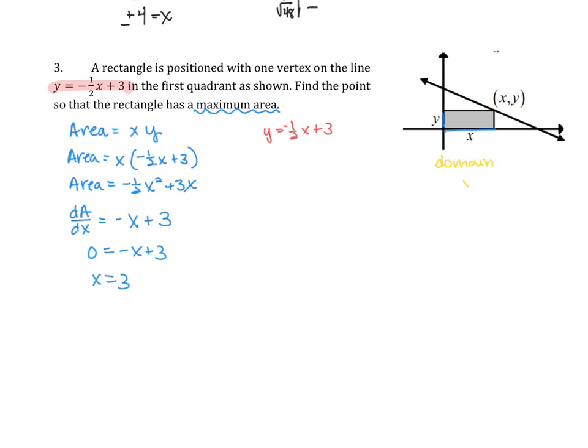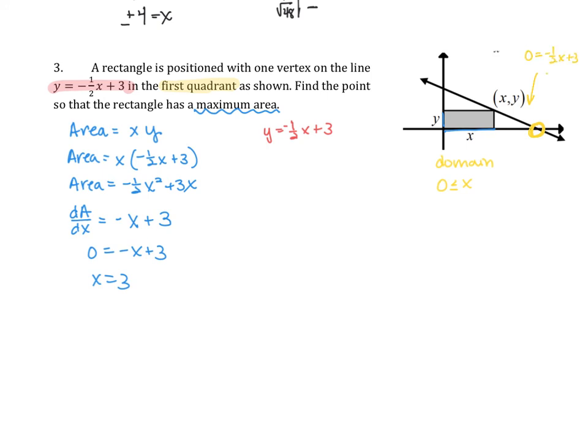Well, we know that x needs to be greater than or equal to 0 because it said it's in the first quadrant, okay? But the x value right here, how would I figure out what that is? Well, if we know this is the line -1/2 x plus 3, and I'm trying to figure out where y equals 0, I would say 0 equals -1/2 x plus 3.